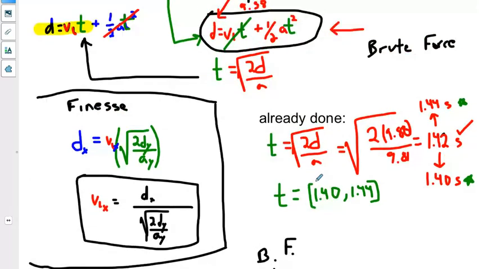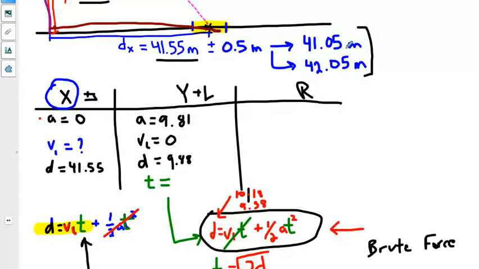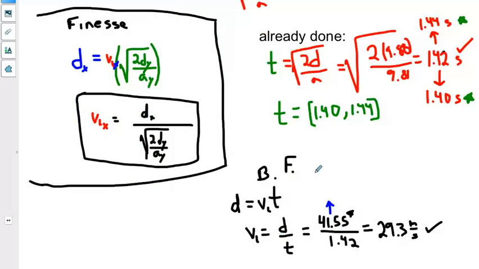No. What we saw up here is that the distance is anywhere between 41.05 and 42.05. So I'm going to put a little range up here: 41.05 to 42.05. The distance is anywhere in that range.